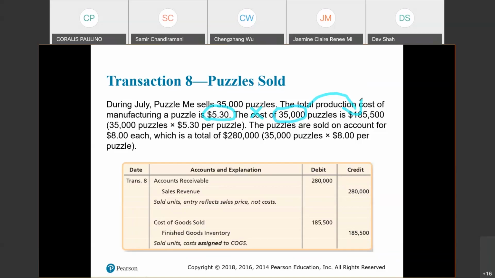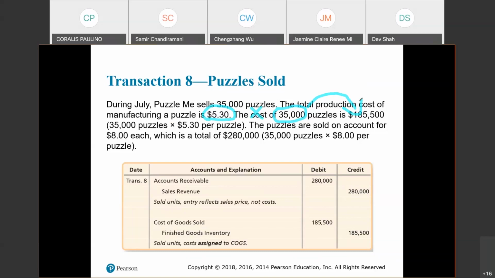And the puzzles are sold on account. So for the sales on account, we need to debit accounts receivables and credit sales revenues. Well, as you learned in financial accounting class, for the sales transactions, you need to do two journal entries.